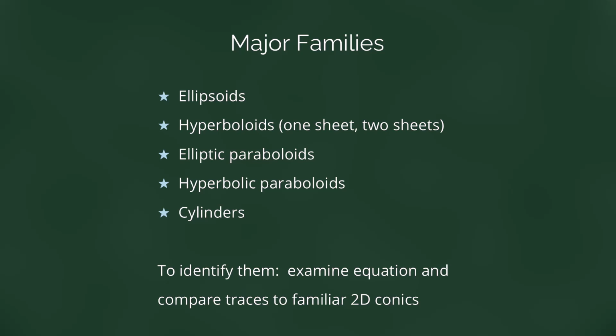We're going to look at several major families of these, including the ellipsoids, the hyperboloids, the elliptic paraboloids, the hyperbolic paraboloids, and cylinders. And we'll see that in order to identify them, we're going to look at the equation, and we're also going to examine their traces. The traces will look like familiar two-dimensional quadratic curves.